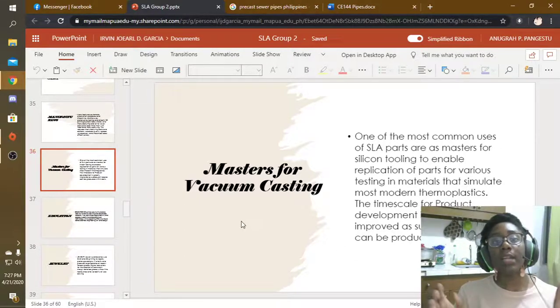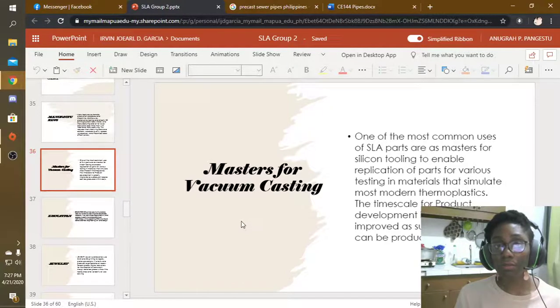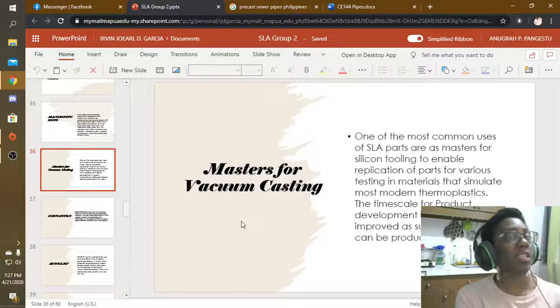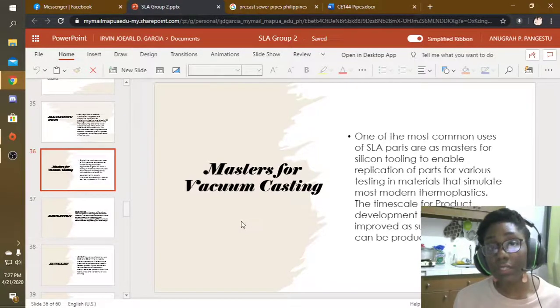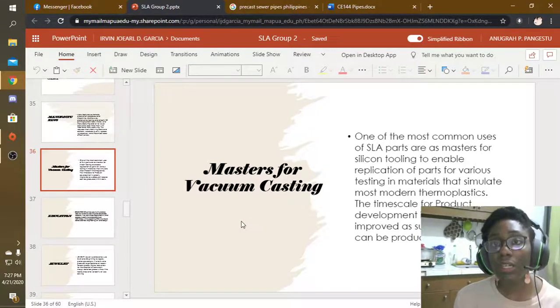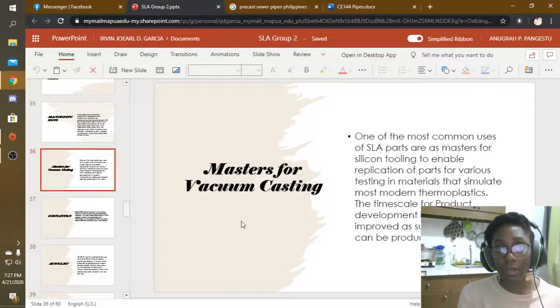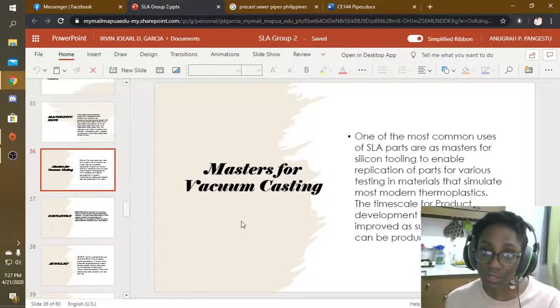Okay, so let me take for example, if I have a model like this, one model right now. Instead of carrying this model about, I could just 3D scan it. You see that? And I make copies of it. When I make copies of this, it would last. At the same time I preserve the original version of that model, and I'm still able to study it because I have a 3D printed one.